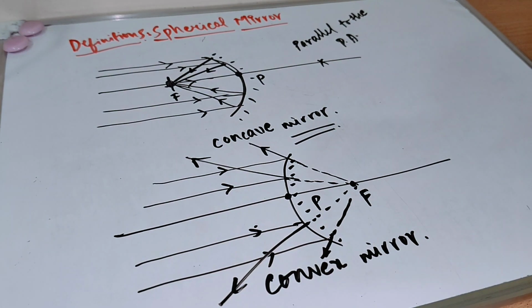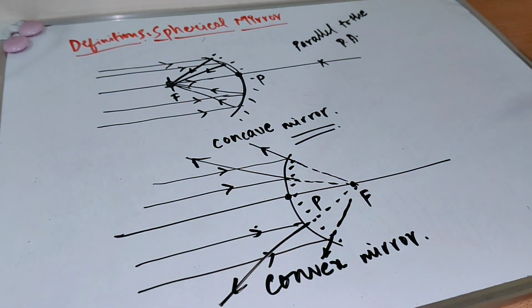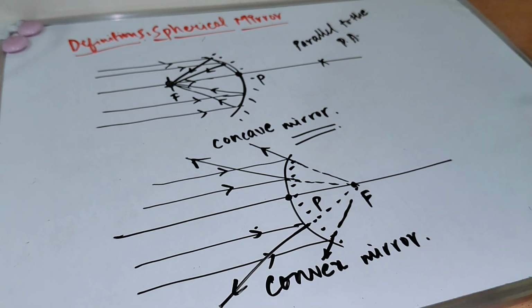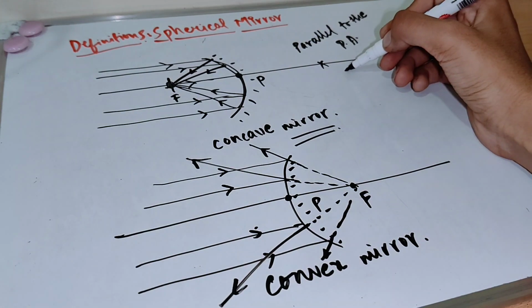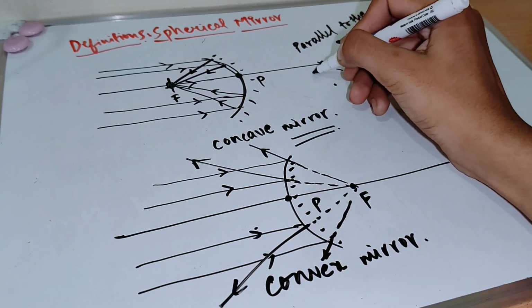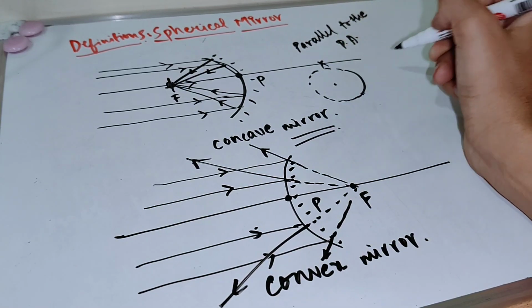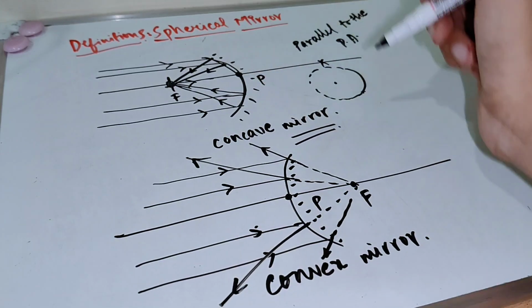Now let us understand why the focus of a concave mirror lies here and why the focus of a convex mirror lies on the right hand side. The focus lies on the side of the mirror on which the center of curvature lies. If I'm talking about this surface, its center lies over here because it was part of a sphere like this, so its focus will be on this side.